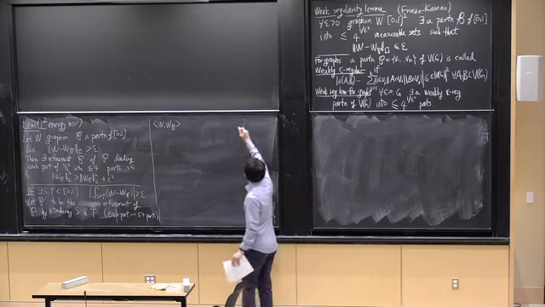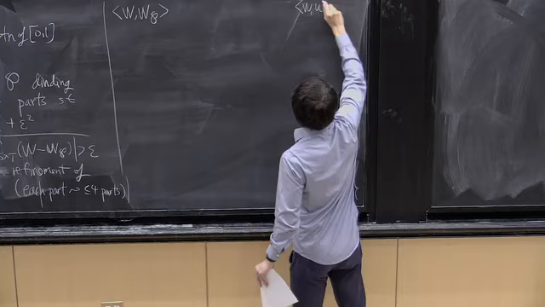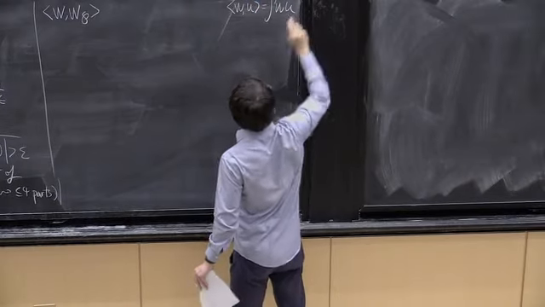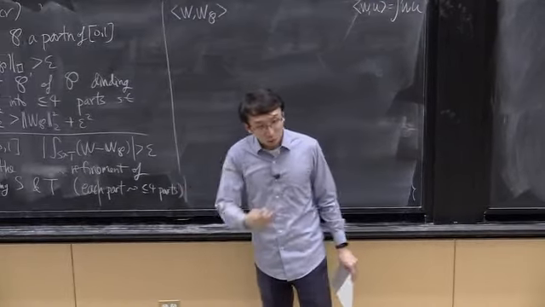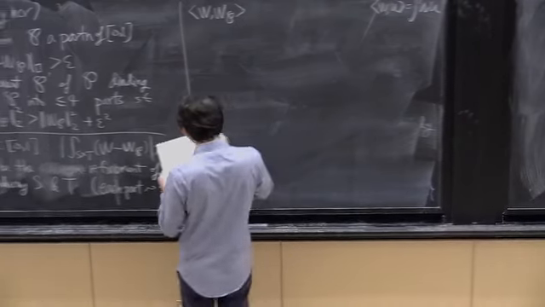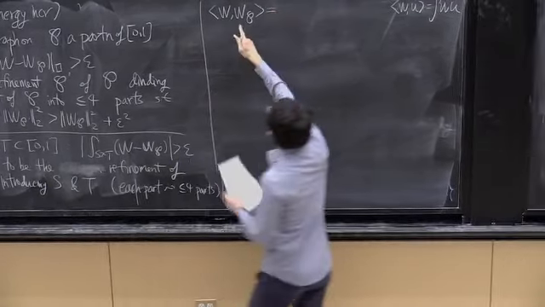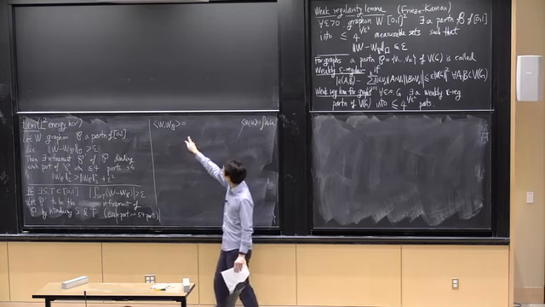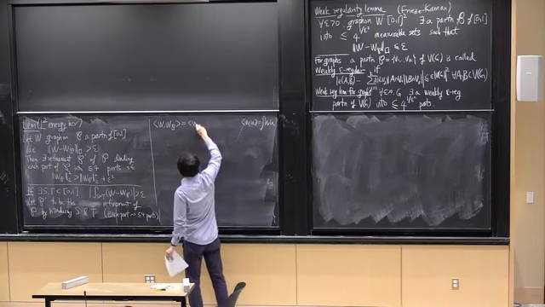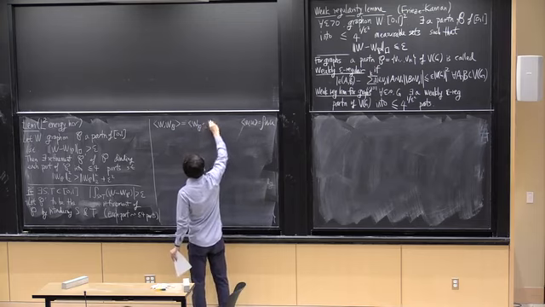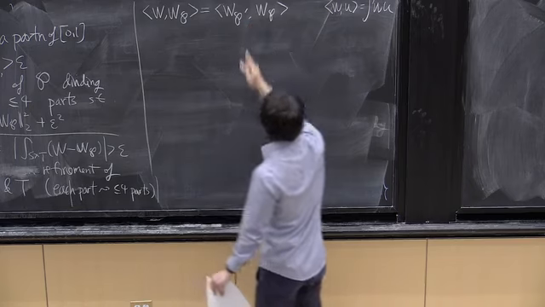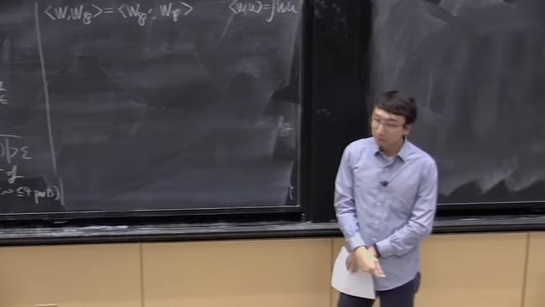So remember, this symbol here is the inner product obtained by multiplying and integrating over the entire box. I claim that that inner product equals the inner product between W_P and W_P prime.